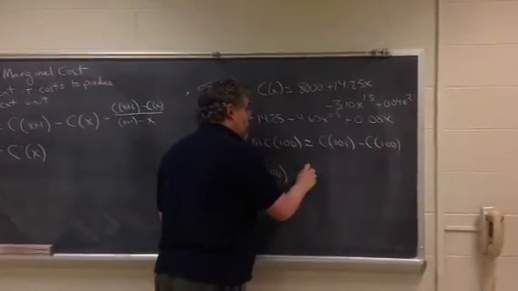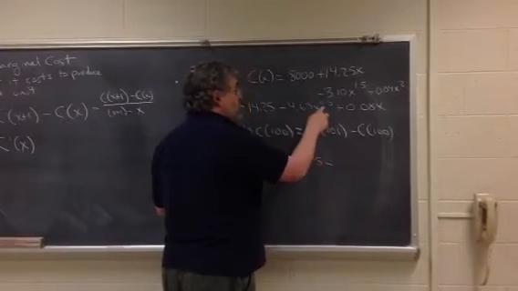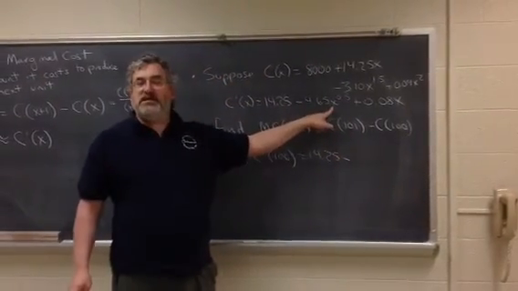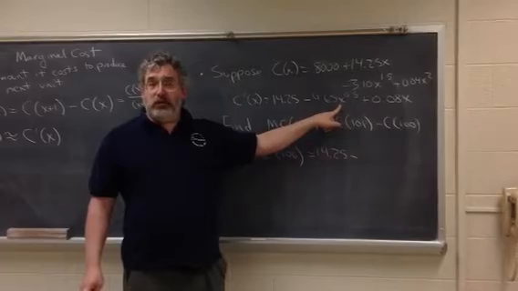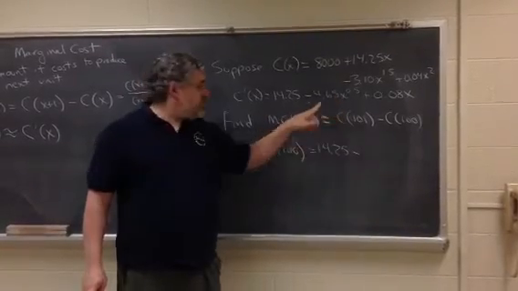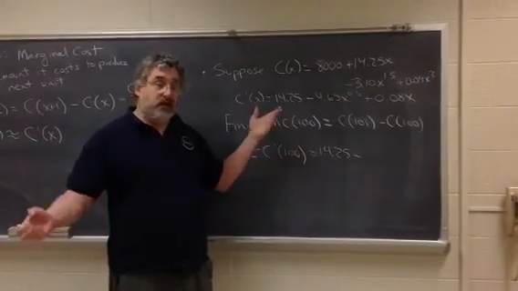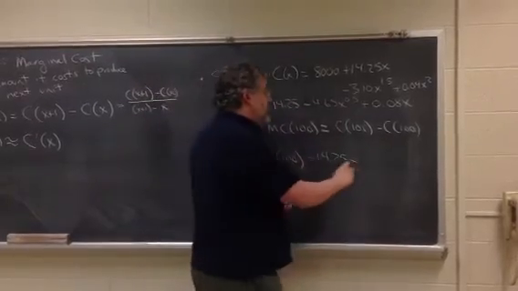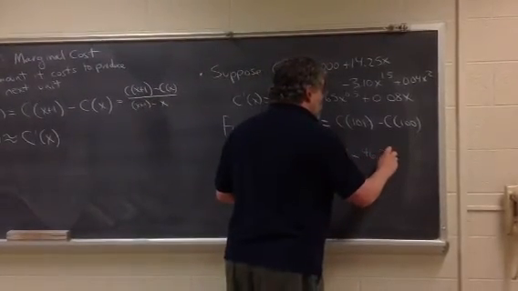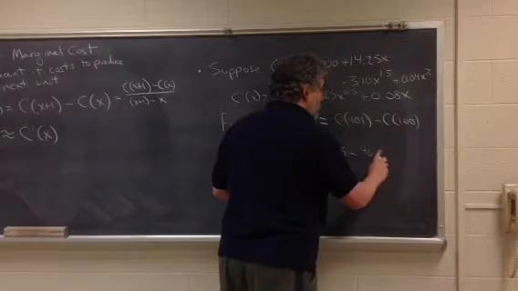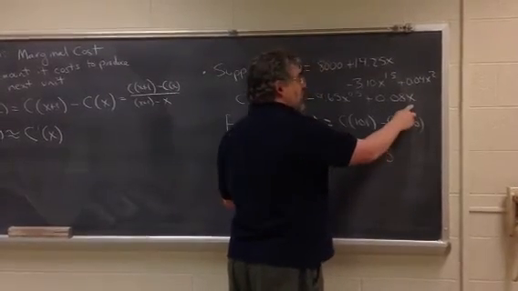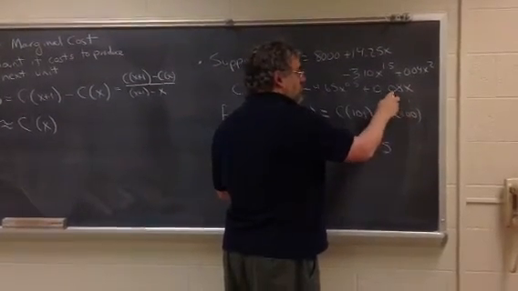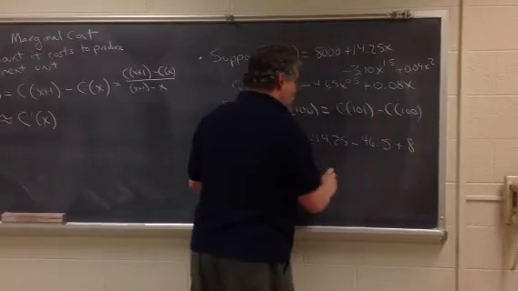That's 14.25 minus 4.65 x to the 0.5. What is that? That's the square root. And what's the square root of 100? It's 10. So this times 10, and then x is 100, so plus 8.